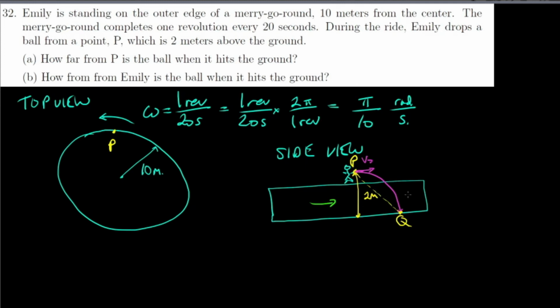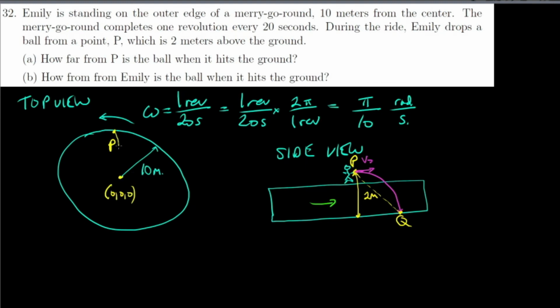Okay, so what we need to figure out is essentially the distance. We need the coordinates of those 2 points. So where are our coordinates? X, Y, Z. How about if we make the center of the carousel our origin, 0, 0?